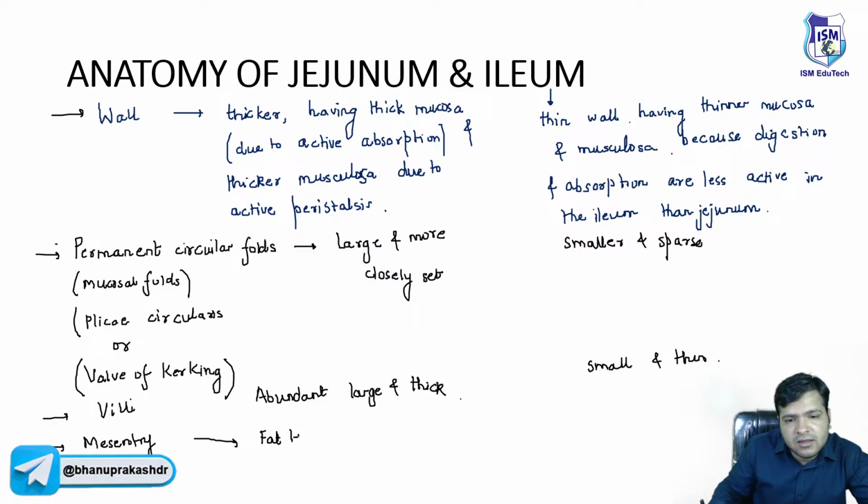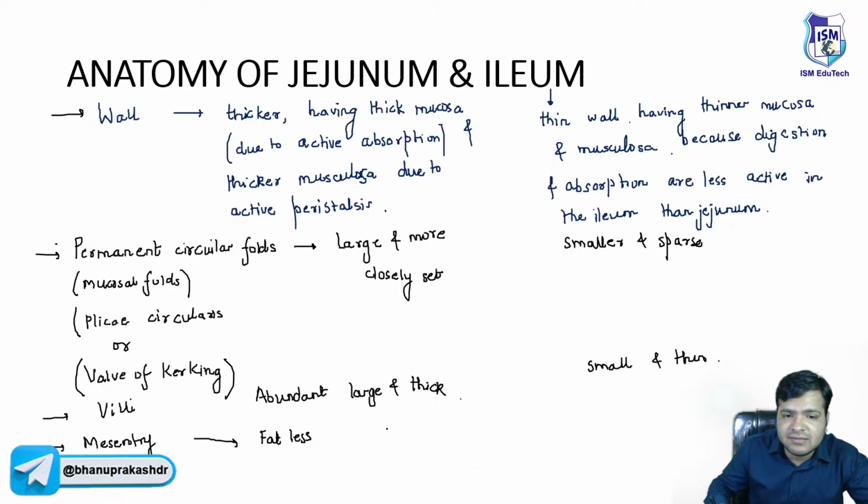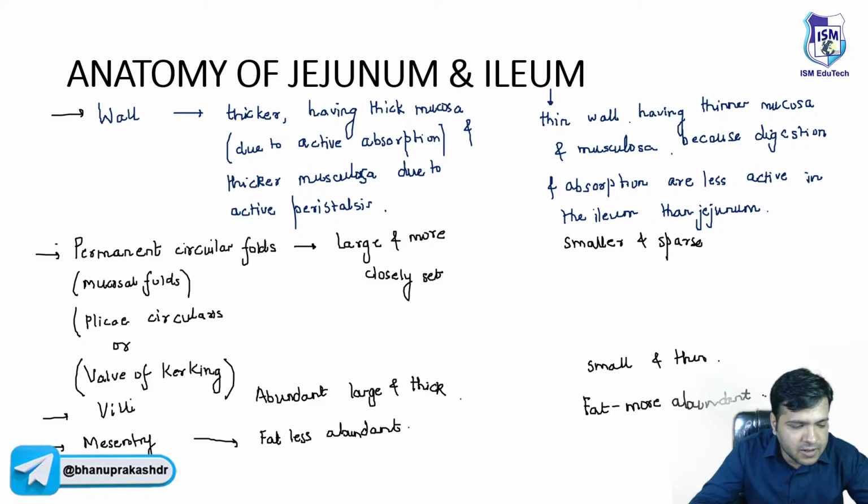If you can see in the picture also, it is composed of less fat, whereas when we compare it with the mesentery of the ileum, the fat content is more, it is fat more abundant.